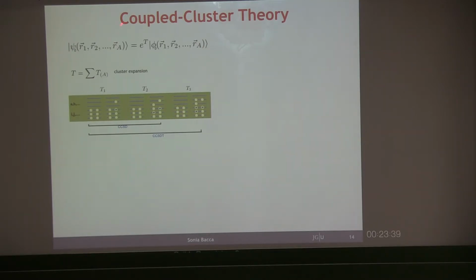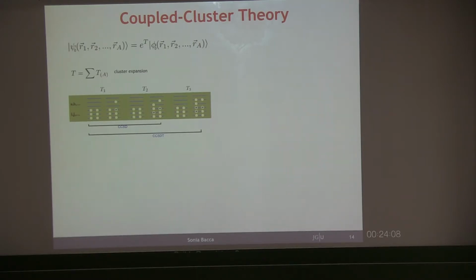And you imprint correlations with an exponential ansatz, e to the T. And this T is an operator which you expand in clusters, where your clusters are basically particle-hole excitations. So suppose you do a mean field and you fill a certain number of orbitals of single-particle states. And then you construct particle-hole excitations on top of it, 2 particle 2 hole, 3 particle 3 hole, etc.